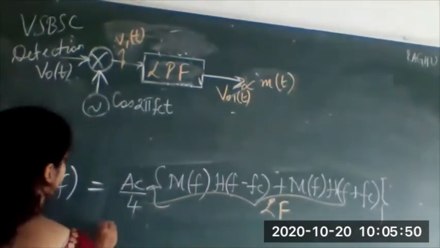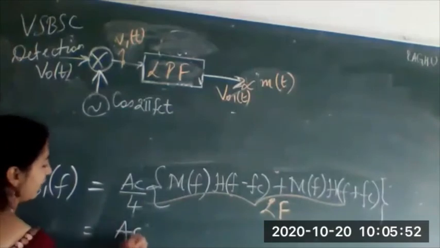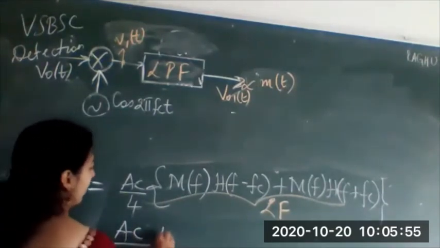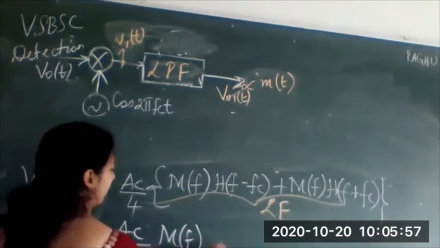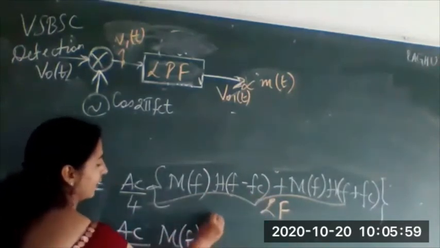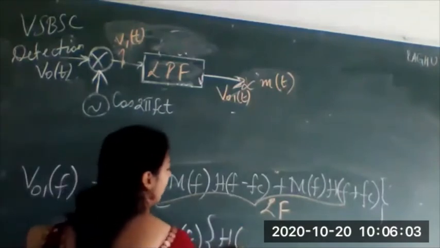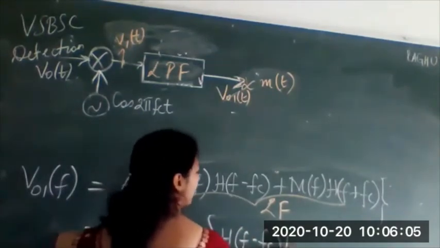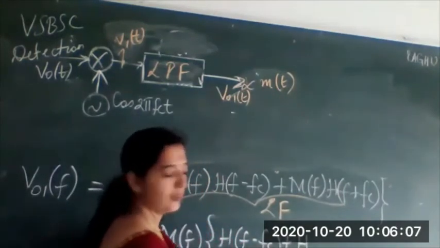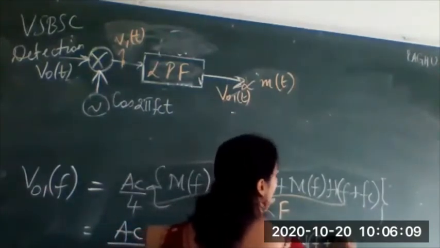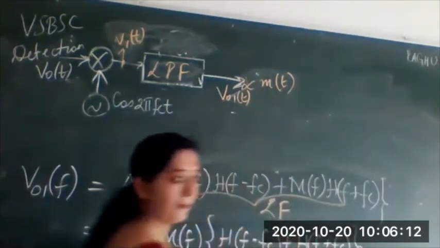So if I regroup this, I can call it AC by 4 m of f. I'll take m of f as the common factor. Take it out. You have h of f minus fc plus h of f plus fc.